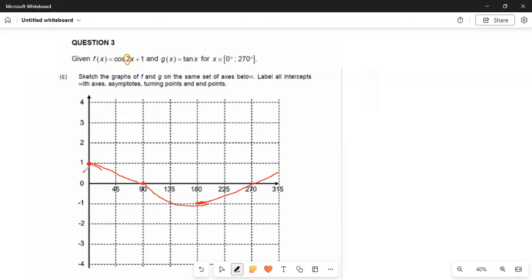So everything is shortened. Yes, we still start there, but we're going to cut at 45, half of 90. We're going to cut at 90, half of 270 is there by 135, and you will have now half of 360 over there.